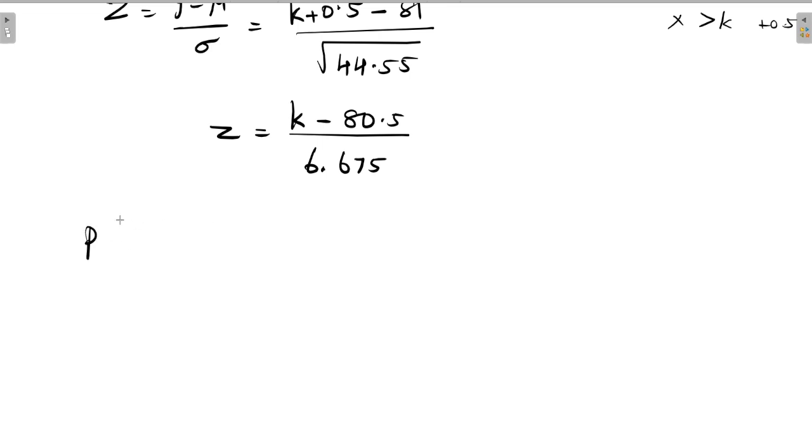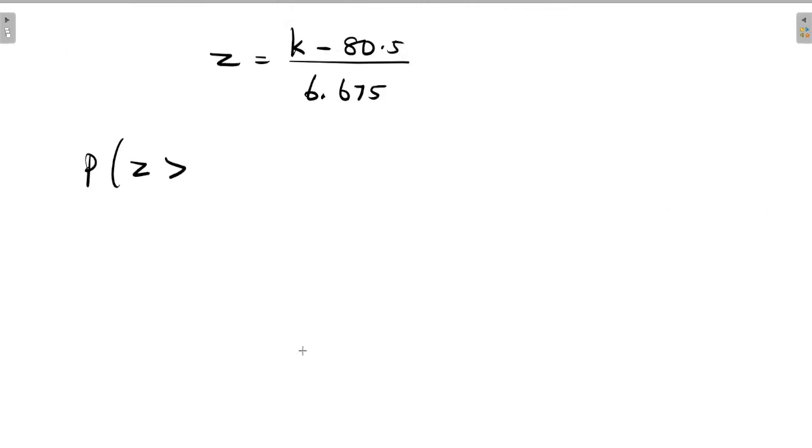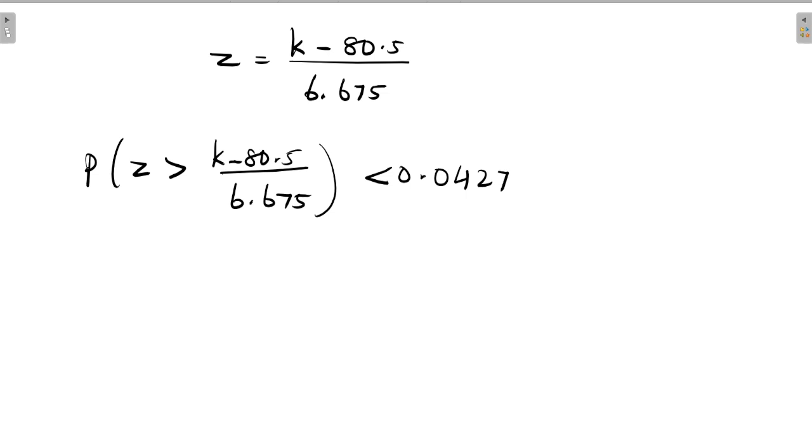So the probability of z greater than k minus 80.5 divided by 6.675 must be less than 0.0427.